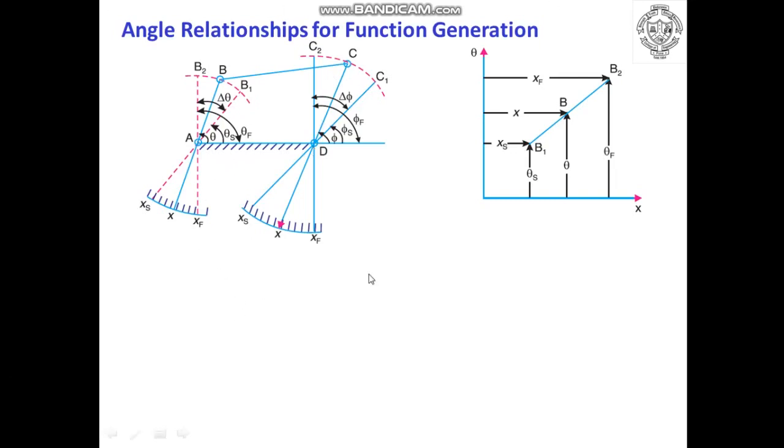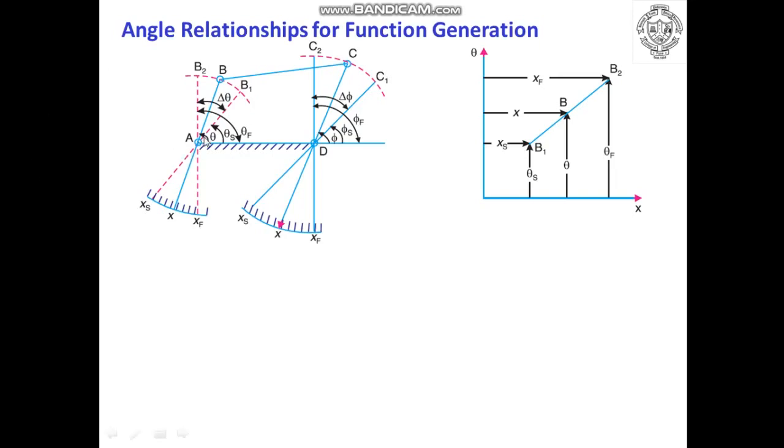Now let us try to understand how many positions of the input crank are shown. The B1 position, AB1, this particular position which is inclined at angle theta s, is considered as the starting position of the input crank, that is, where it starts displacing from.